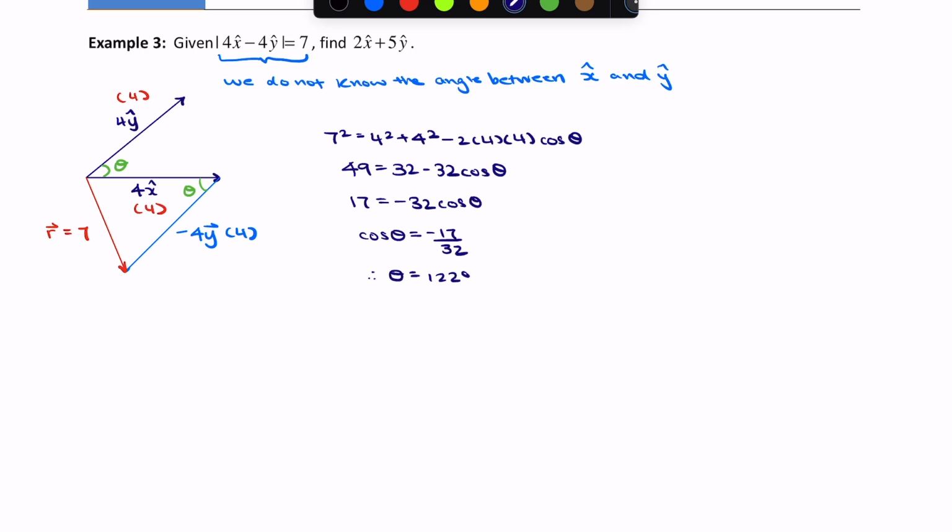Again, we see that our diagram isn't really to scale, but again, sometimes after you solve, you'll realize that your diagram is not to scale. But again, we don't know what type of angle it is, so that is okay.